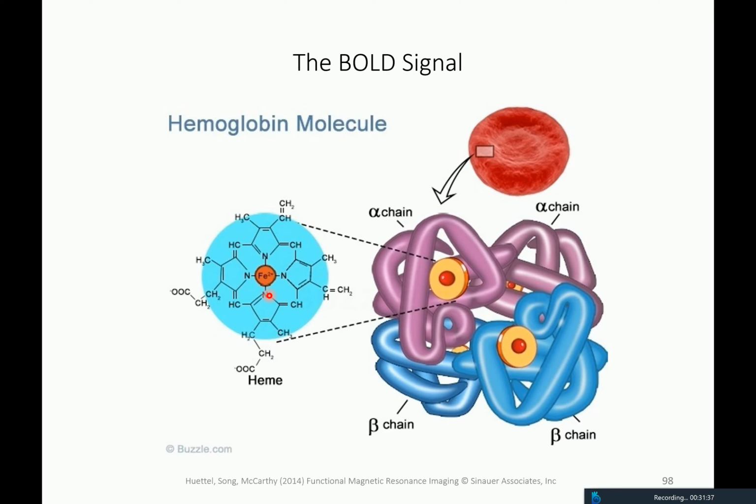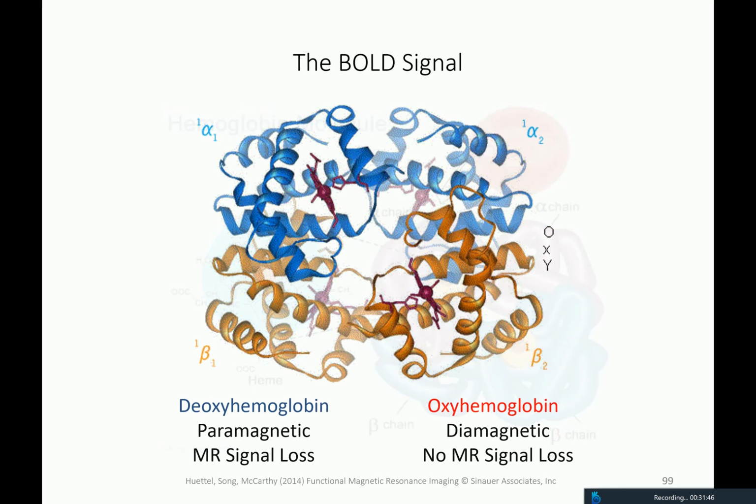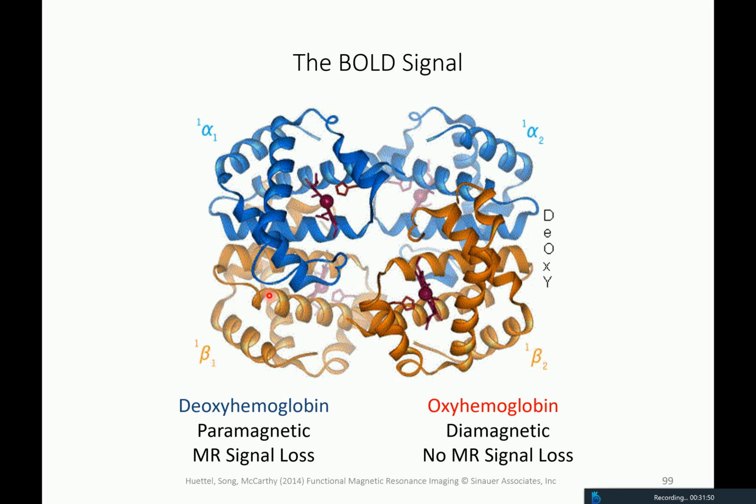And then the fundamental idea is that the configuration of these electromagnetic entities is changed when the hemoglobin binds oxygen versus when it doesn't.